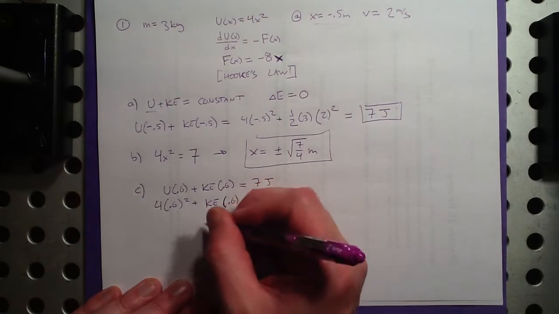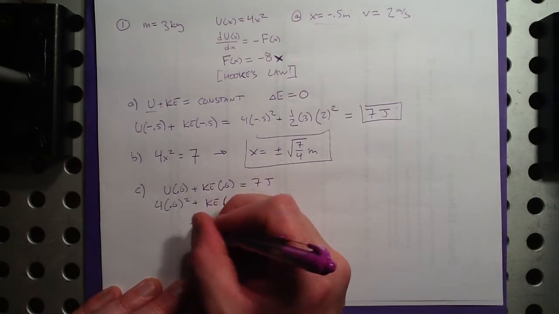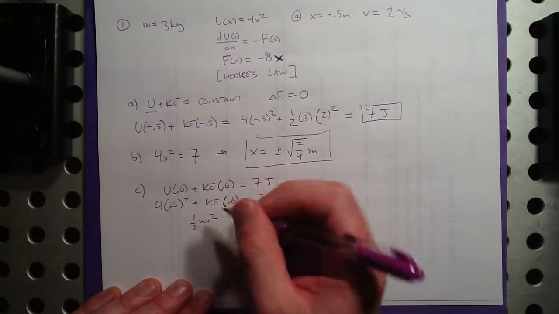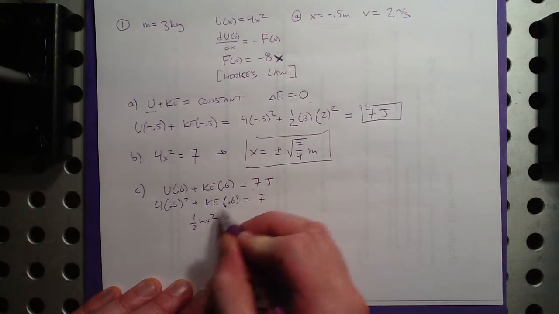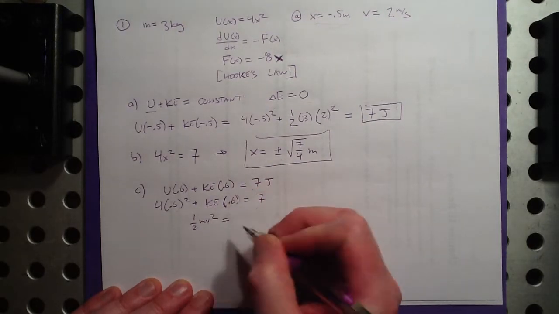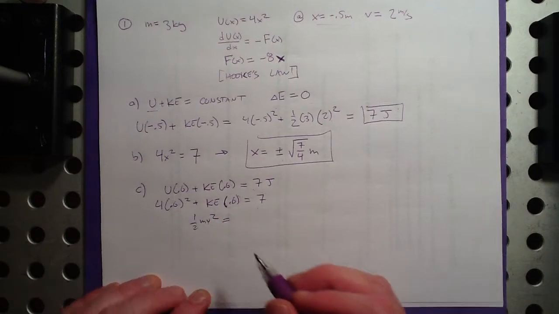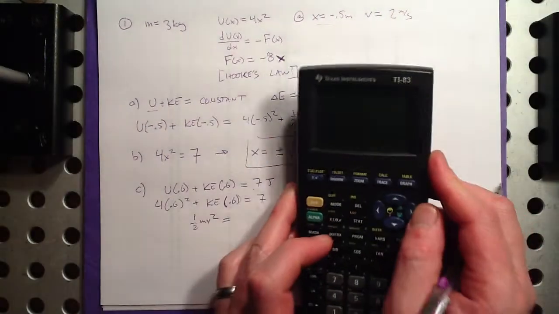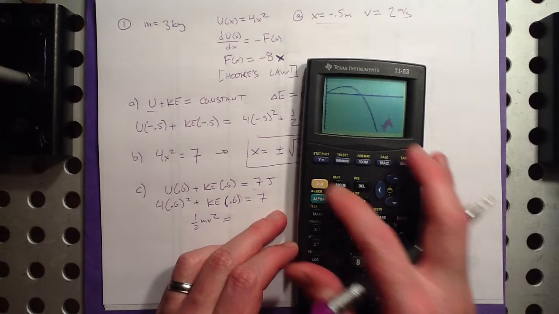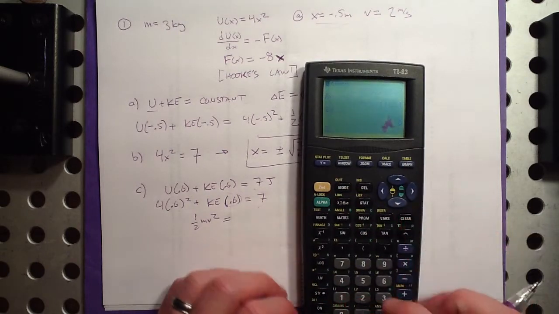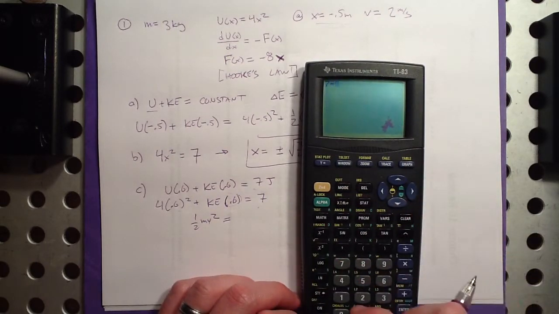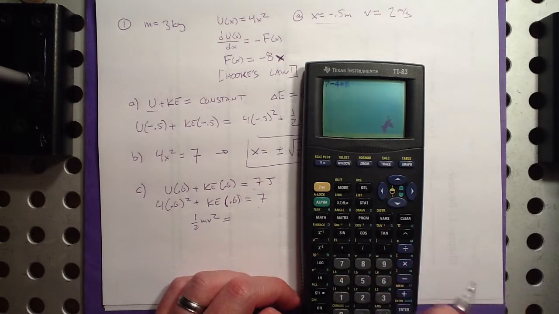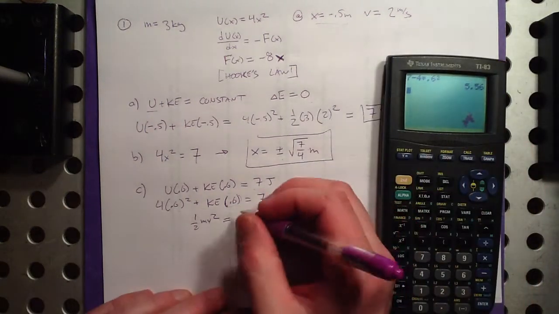so this is 5.56. And kinetic energy is 1/2 mv squared. So kinetic energy at this location is equal to 7 minus, let me just make sure that's right, 7 minus 4 times 0.6 squared, that's 5.56.